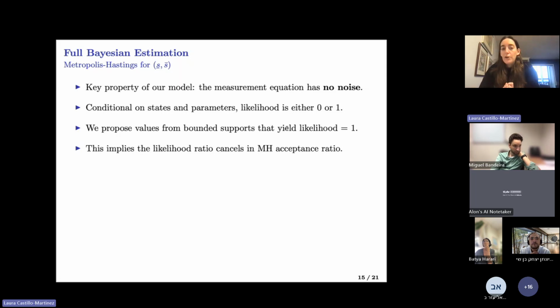So maybe I should have a different bullet point over there. Once we buy into the menu cost model, the measurement equation is deterministic. That's really what I mean. I understand where the confusion about no noise comes from.